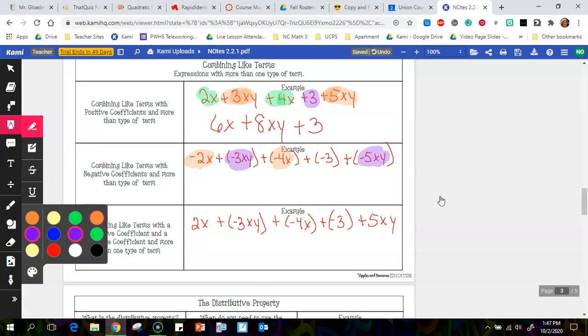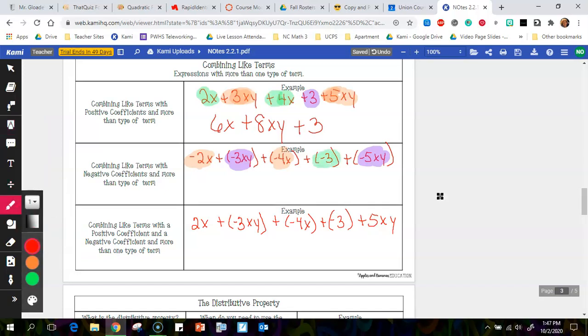And then that's our constant right there. So negative 2x, negative 4x, negative 6x plus, and then you can put plus or you can put minus. It really doesn't matter. I just put the minus, so that's what I'm going to do. So I'm going to write minus 8xy, so I don't have to put it in parentheses, and then minus 3. That's how I'm going to write that one. The other way would not be incorrect. If you put plus and then negative in parentheses, that would be correct also.